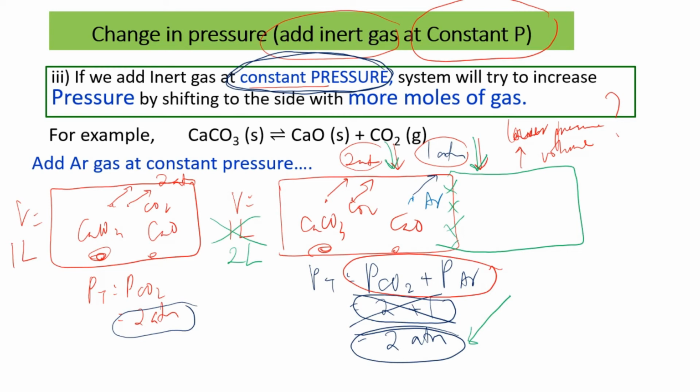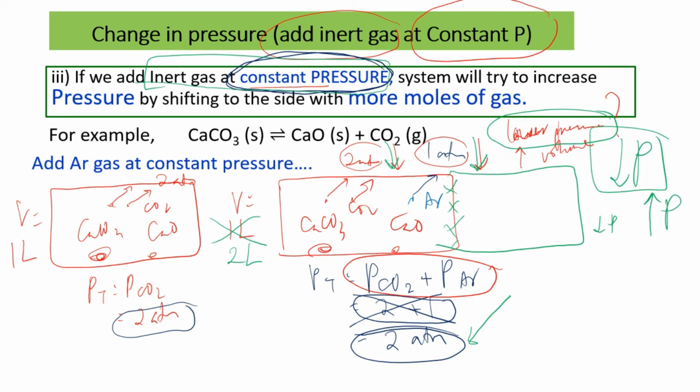So what does adding inert gas at constant pressure do to our equilibrium system? It actually drops the pressure of all the gases. Remember, if you drop the pressure, what does the system try to do? The system tries to increase the pressure back.